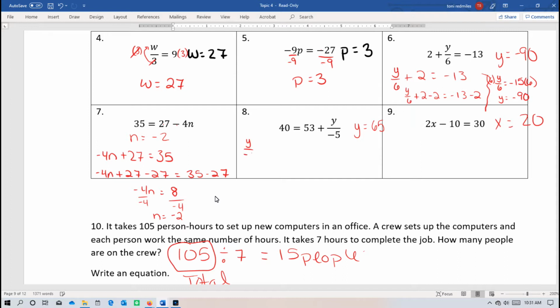Again, I want to rearrange this. It's not written the way I like to look at it. As long as I don't change the signs of the numbers, I can rearrange it, and everything stays on the right sides. All right, so 53 is being added to the y. I'm going to subtract it in order to move it.